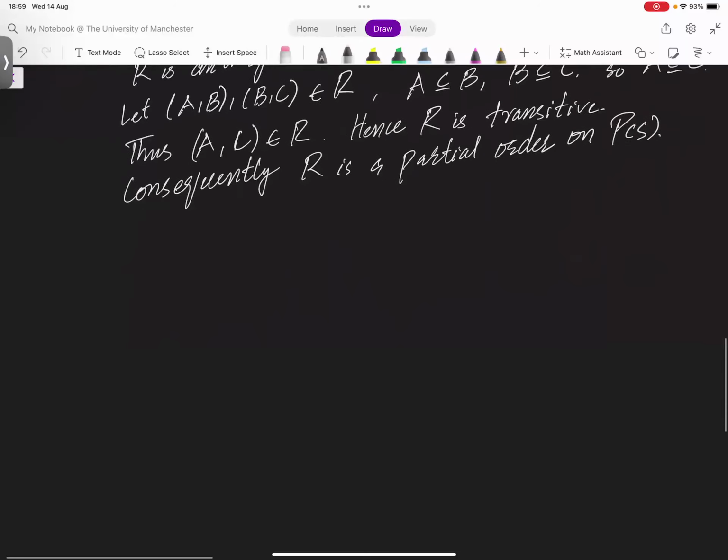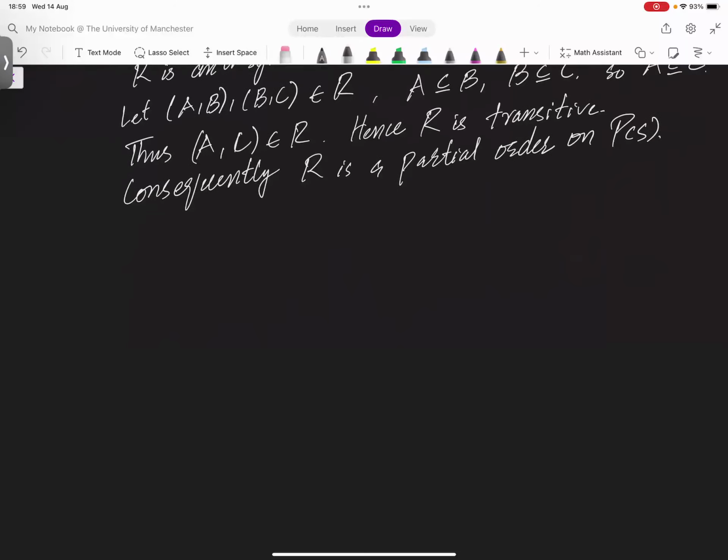A partial order on a set is usually denoted by a symbol.